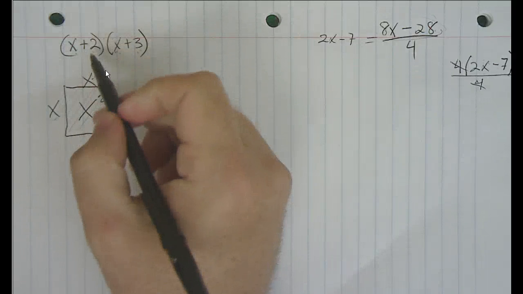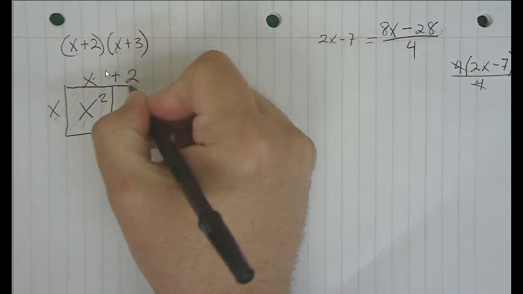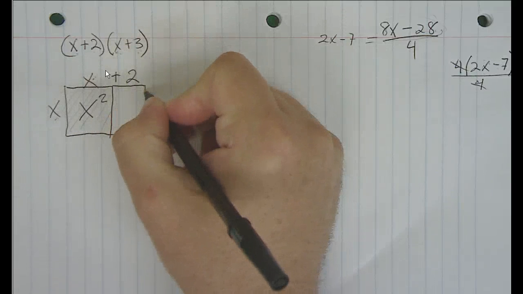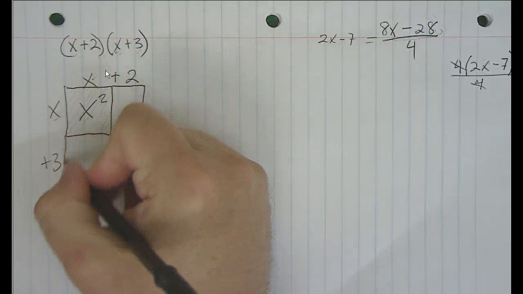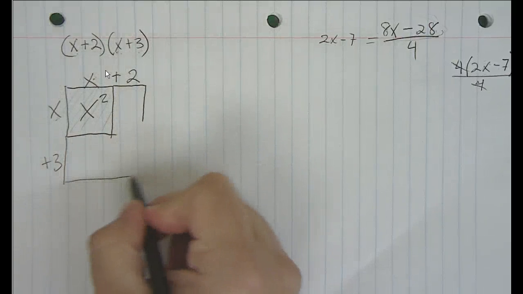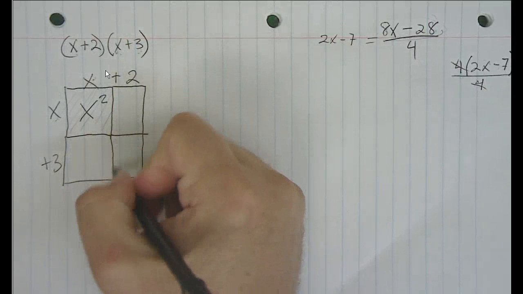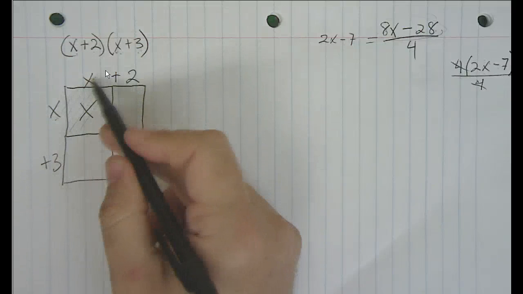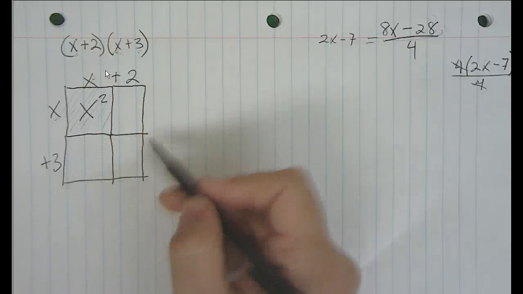Okay? So now what if that room had, let's say, 2 more units of length over this way, and let's say I had 3 more units of length over that way. Then it would be a rectangle kind of like this, right? So we would do the same thing we did for this rectangle to find the area of all these other rectangles.